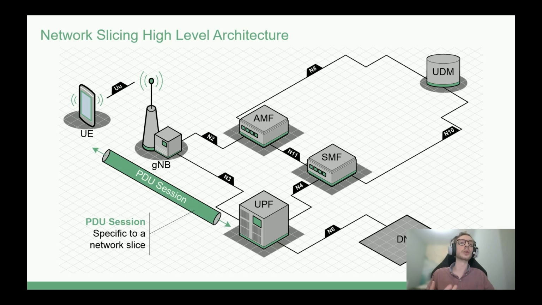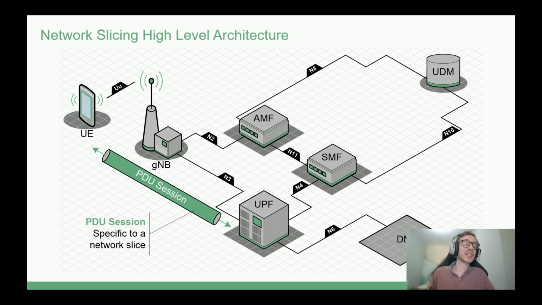We have our UDM, our Unified Data Management, which is a centralized repository of subscriber and data information, and that will contain information surrounding what specific slices certain user equipment can actually connect to. And remember, all of these need to be slice aware. It's important to note as well that the AMF must be involved with all of the network slices that that device is allowed to access.